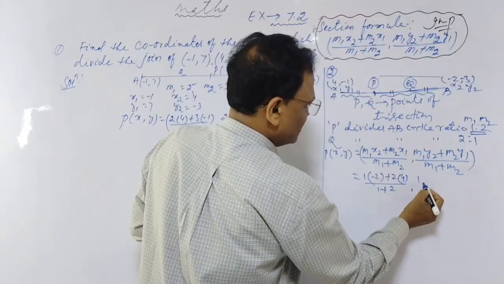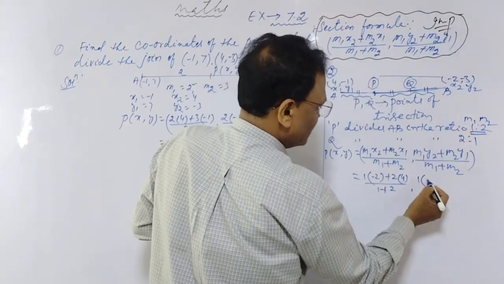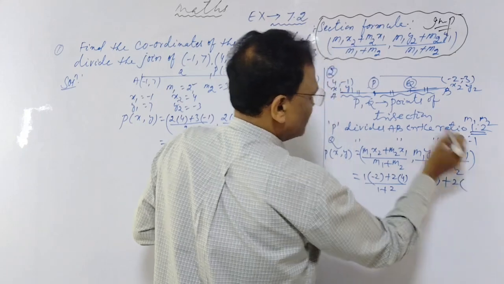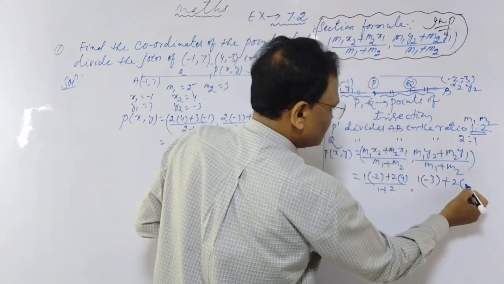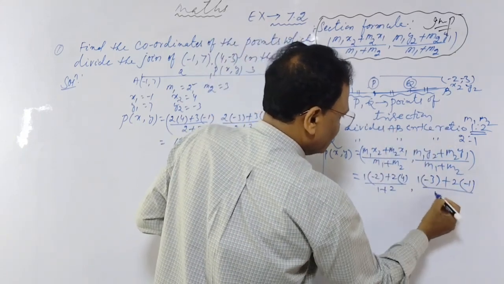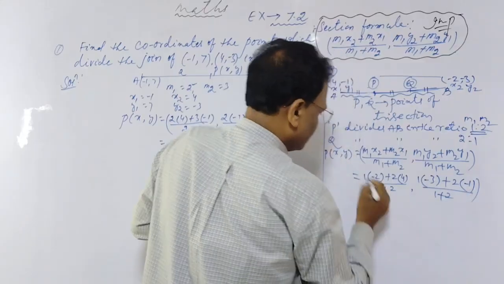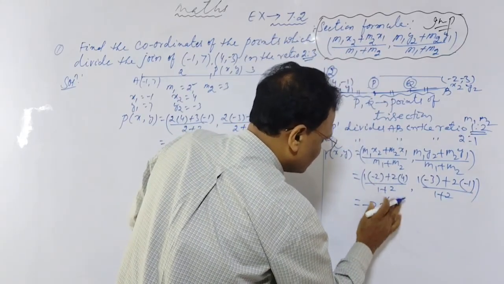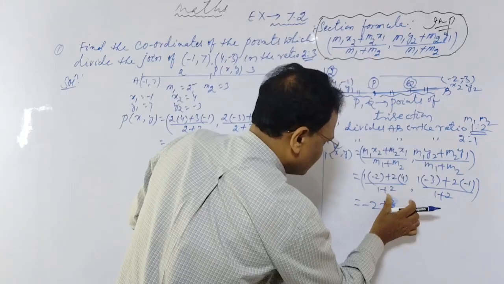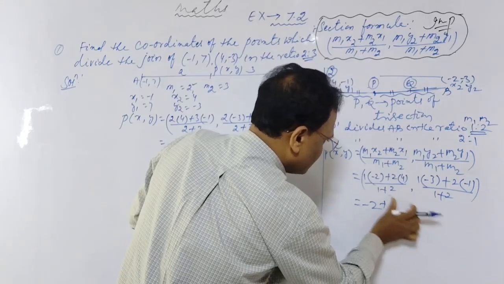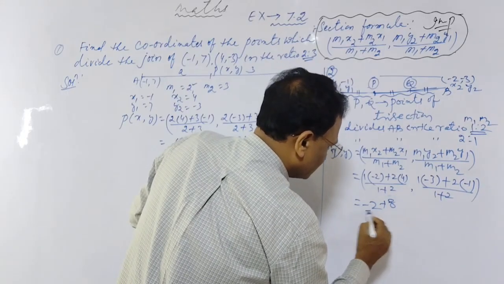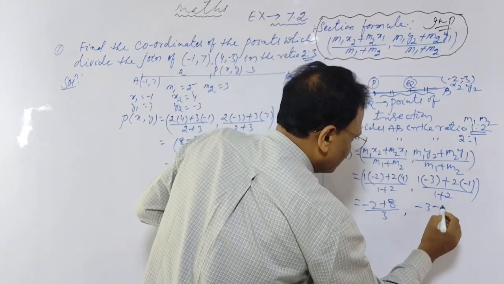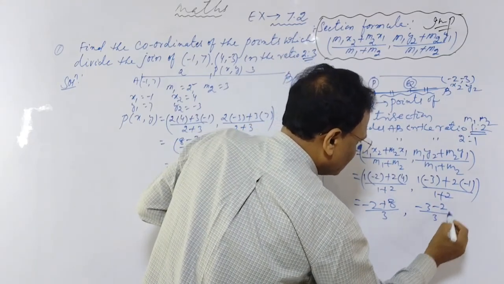Again m1 is 1 into y2 is -3 plus m2 is 2 into y1, and y1 is -1, divided by again 1 plus 2. So 1 2s are 2, -2 plus 4 2s are 8, so 8 divided by 3. 1 3s are 3, -3 plus -2 is -5, divided by 3.